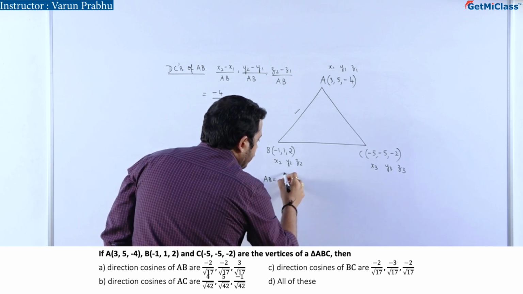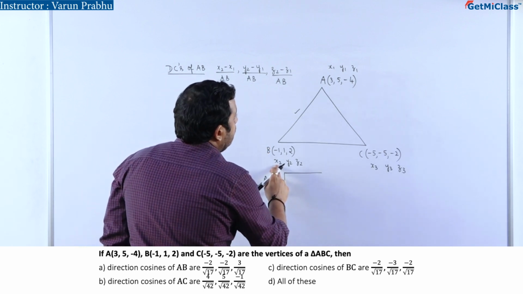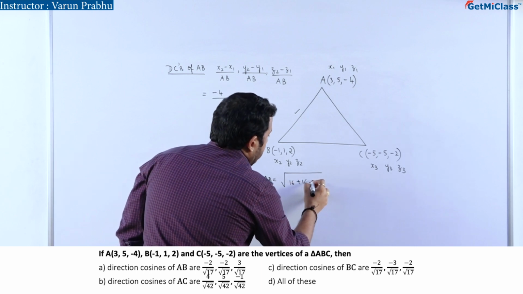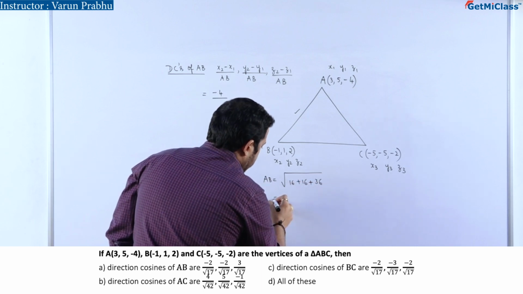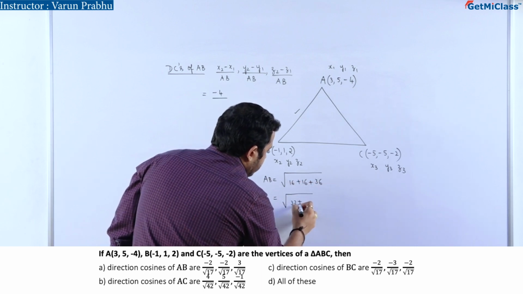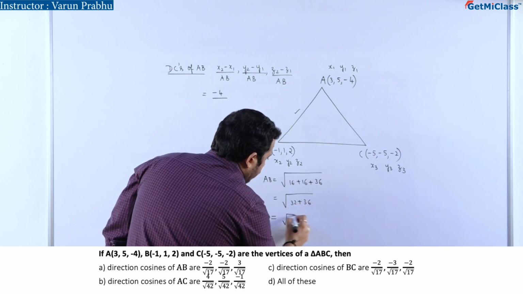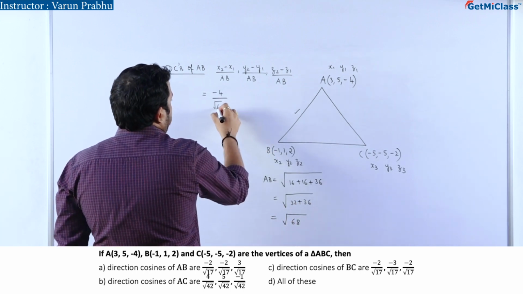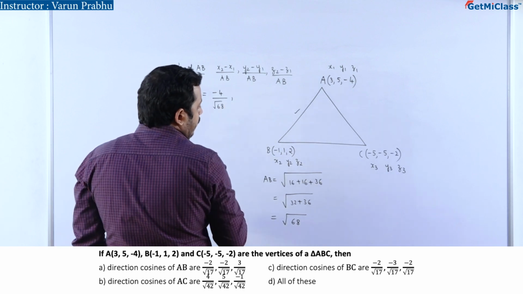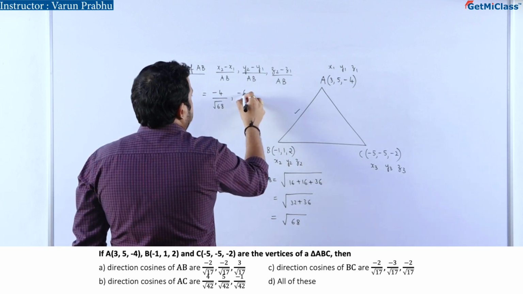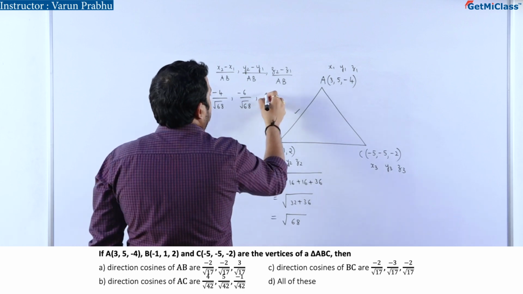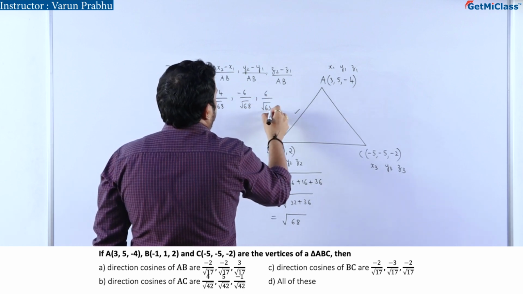AB, use the distance formula: minus 1 minus 3 the whole square, 1 minus 5 the whole square, plus 36. 32 plus 36, that is equal to root of 68. So, minus 4 by root 68, then y2 minus y1, minus 6 divided by root 68, and then z2 minus z1, 6 divided by root of 68, correct?